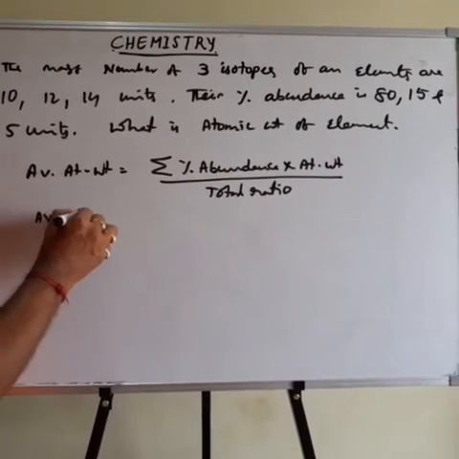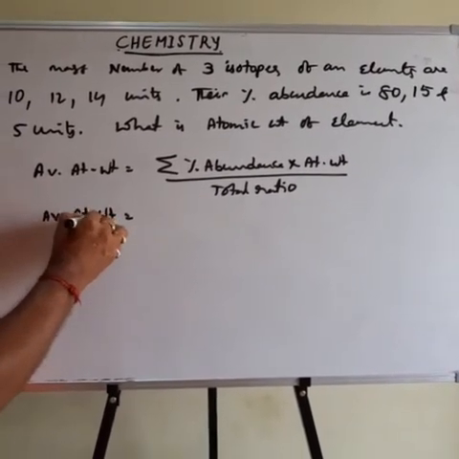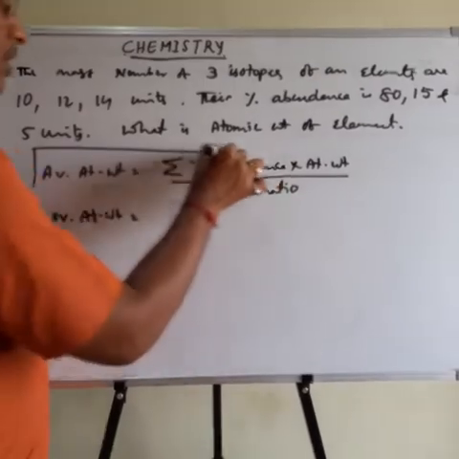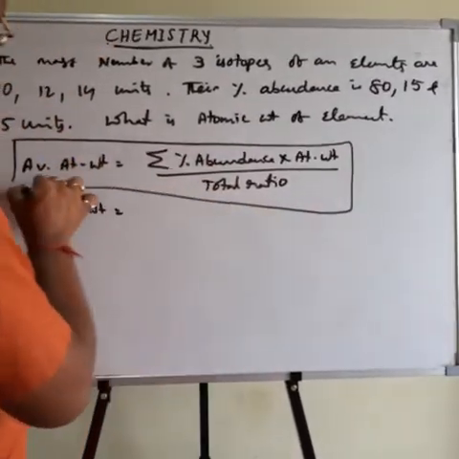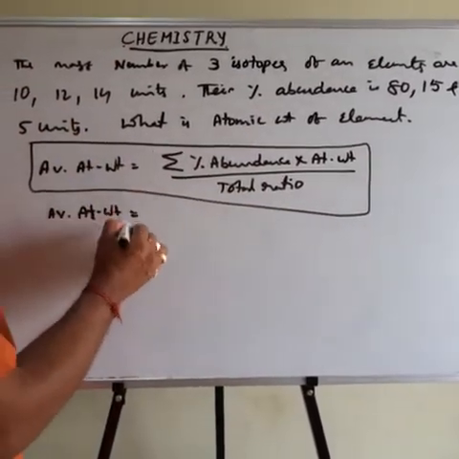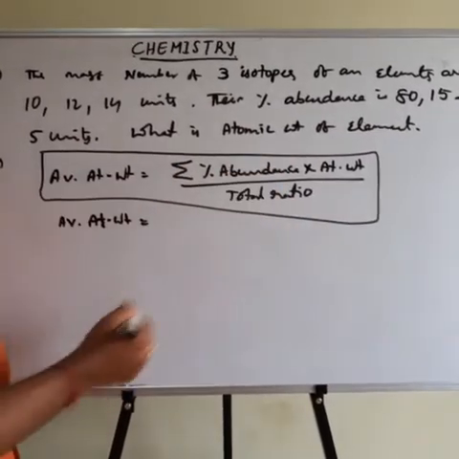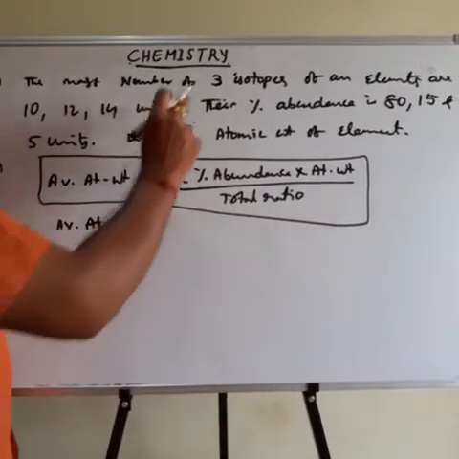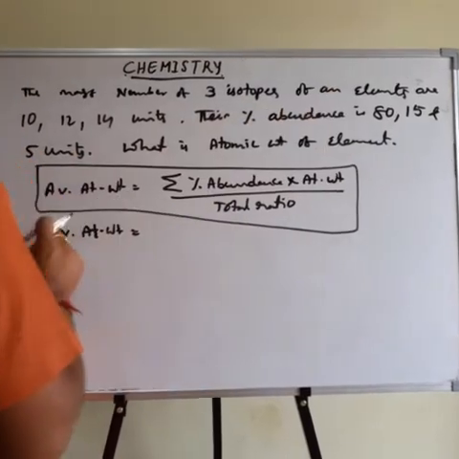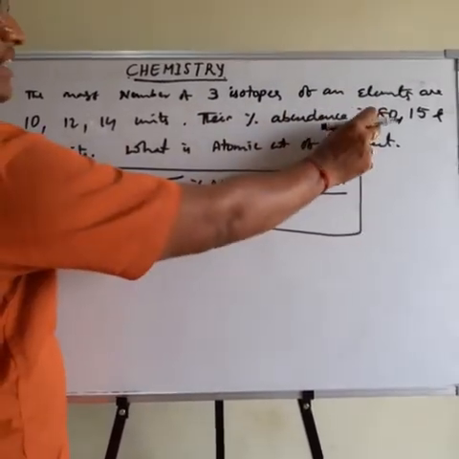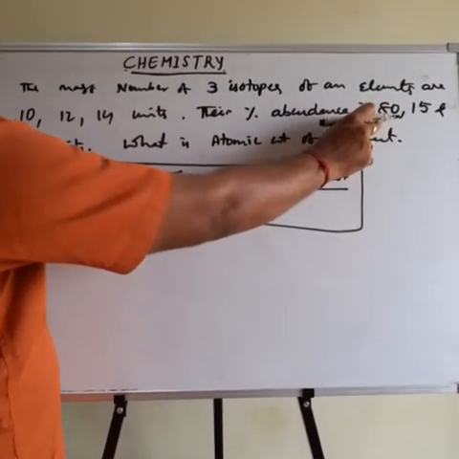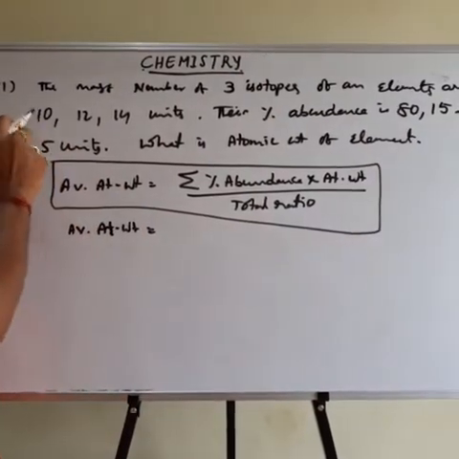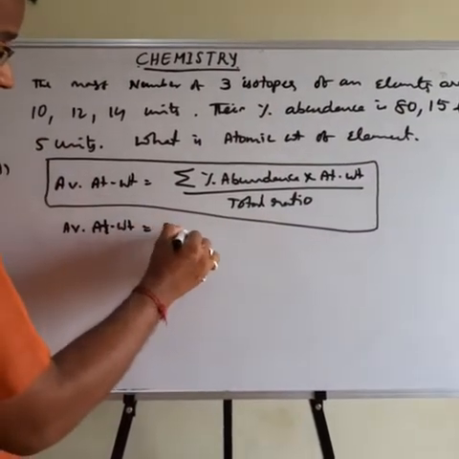Average atomic weight is the sum of percentage abundance into atomic weight. What is the first isotope? First isotope abundance is 80, into its atomic mass 10. 80 into 10.